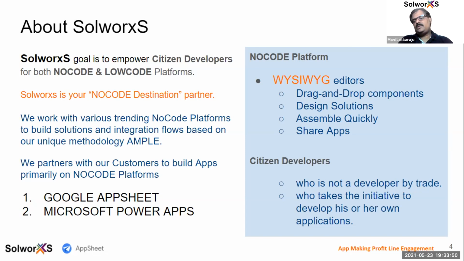Don't build apps just because you can. The overall concept of technology is to facilitate growth of business. If you have certain repeated tasks that technology can help with, automate that, and that's where your profit starts happening. That's our mindset, and that's how we build all our apps using these two well-established frameworks, Google App Sheet and Microsoft Power Apps.